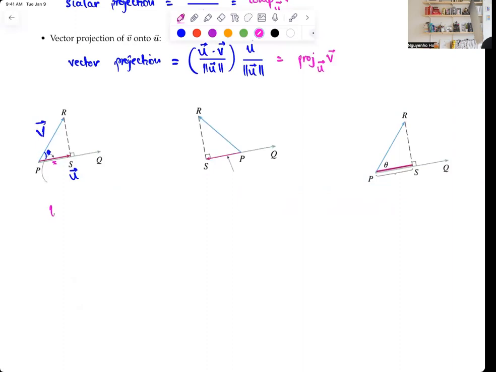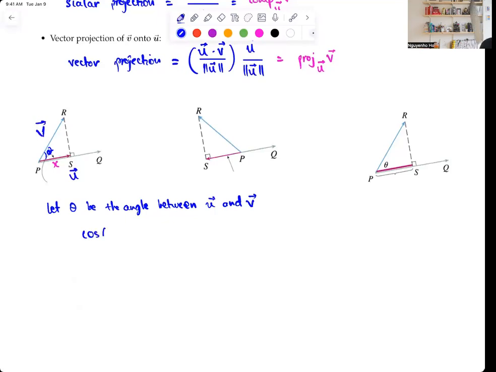So let theta be the angle between u and v. Now I'm going to calculate the cosine of theta.